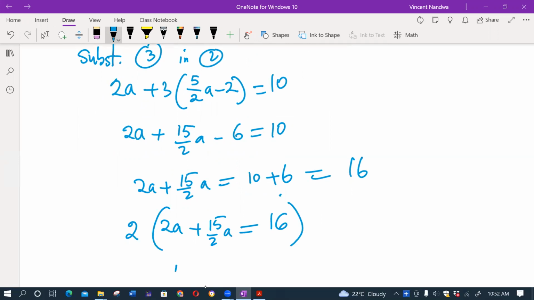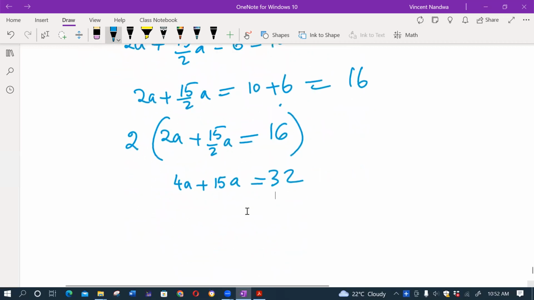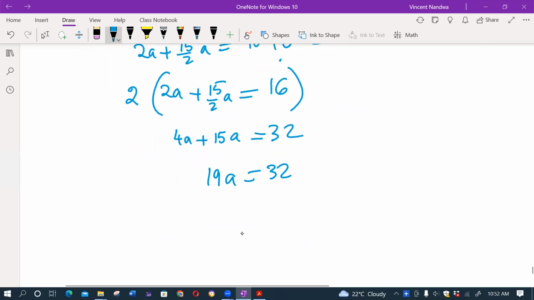So 2 by 2a will be 4a. 2 by 15 over 2 is 15a. 2 by 16 is 32. So that I'll get 4a plus 15a is 19a equals 32. So therefore a will be 32 over 19.